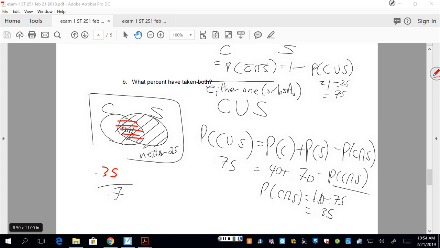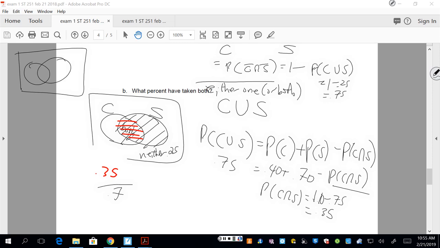So if we filled in numbers in those bubbles, there's 35 that are both, there's also 35% that are statistics only. Yes, I see. And so it's half and half. Calculus was 40%, so there's 5% here. And then 25% outside. So that's 70, 75, that adds up to 100% altogether.